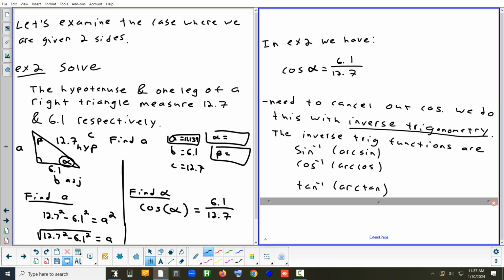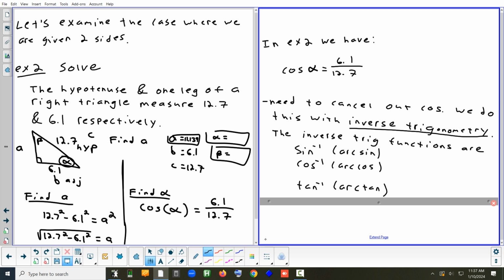So there's a difference between a reciprocal and an inverse. Even though the notation here has this -1, usually when you put a -1 on something, it means reciprocal. But when you write a trig function and put a -1 in this spot, it does not mean reciprocal.